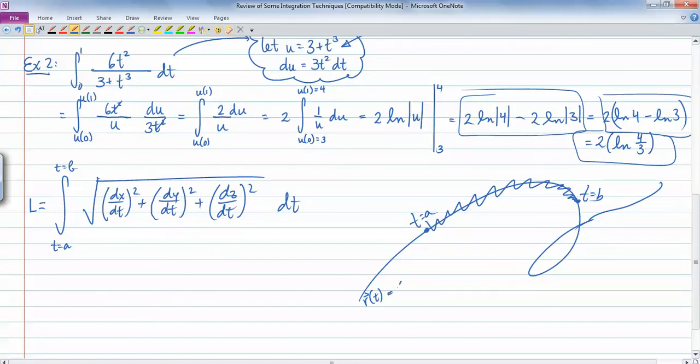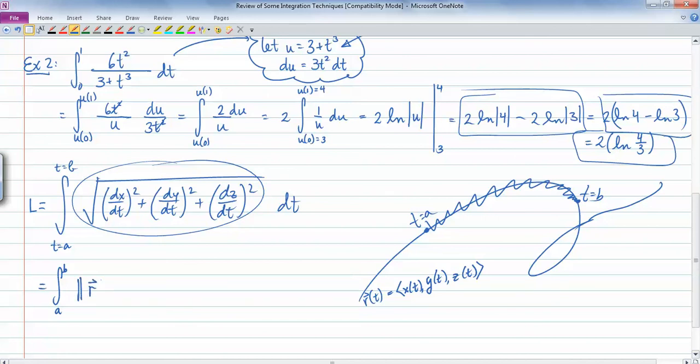Remember, r of t here would be x of t, y of t, z of t. And if you prefer, you could think of this whole thing, a to b, as the norm of r prime of t. Oh no, it's square rooted, so it's just the norm of r prime of t dt.